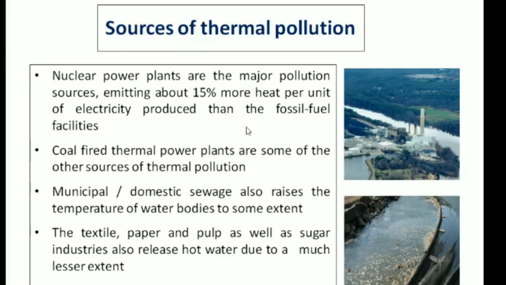Municipal and domestic sewage also will raise the temperature of the water bodies and lead to thermal pollution. Also, textile industries and paper and pulp industries release hot water into the water bodies, and this also will lead to thermal pollution.